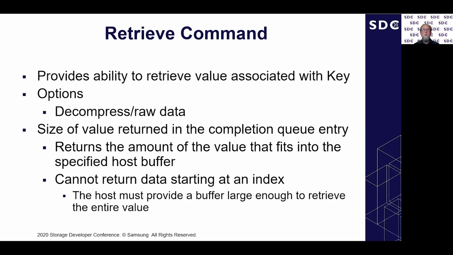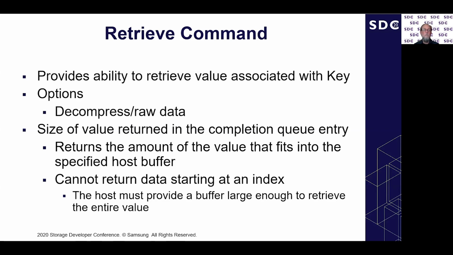For example, say you know that you have a zip file that has been compressed using some form of zip, and you want to store it on the device. When you stored it, you would store it saying, do not compress. When you retrieve it, you want to retrieve the raw data and do the unzip in the host or in the application.